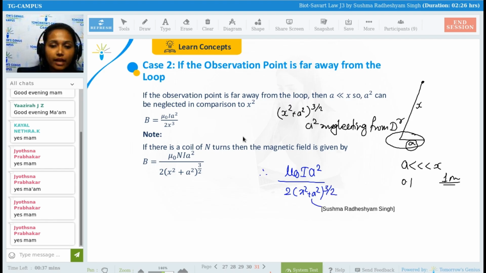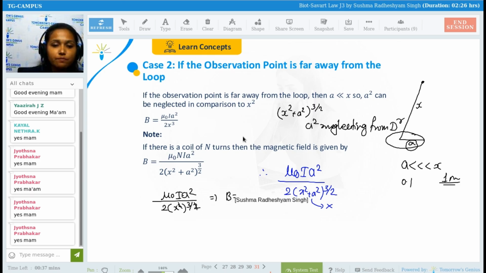So we neglect a square from here, and we get simply mu naught I a square upon 2 x square power 3 by 2. So this 2 gets cancelled. Our final formula is B equals mu naught I a square over 2 x power 3.